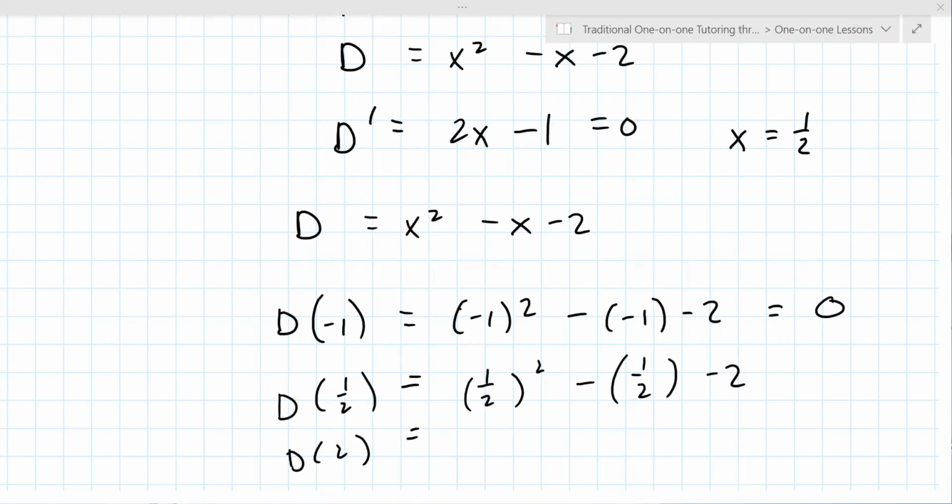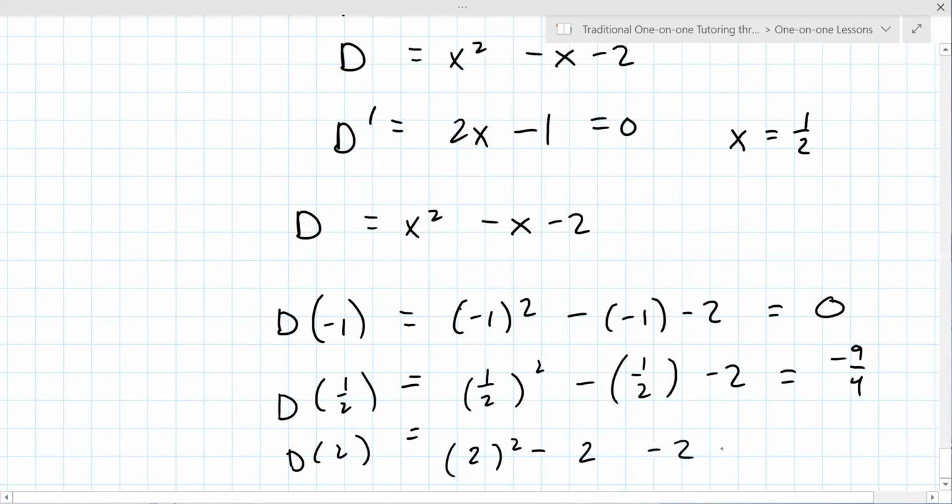So that's like 1/4 minus a half, so it's minus a fourth. So this ends up being minus 9/4. And that suggests I may have gotten the order wrong because the distance is negative. Uh-huh. 2 squared minus 2 minus 2 is also 0.